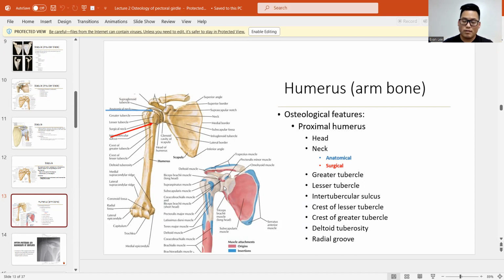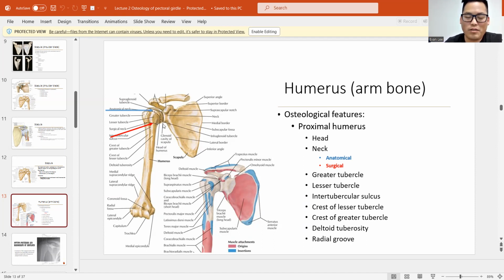The femur has a long neck that allows it to extend away from the shaft of the bone, but the humerus has the head basically directly on the end. So this is a really short neck. Imagine someone like this, and that's kind of what the humerus is like.